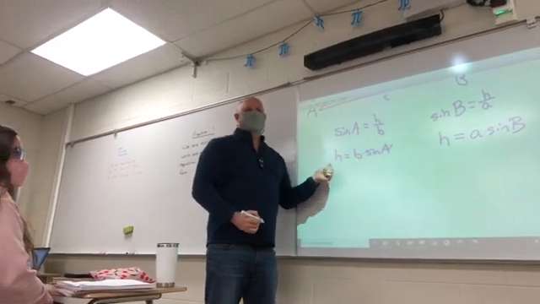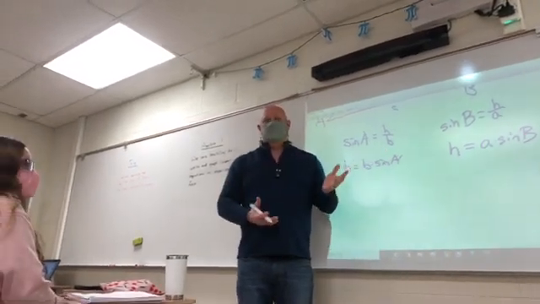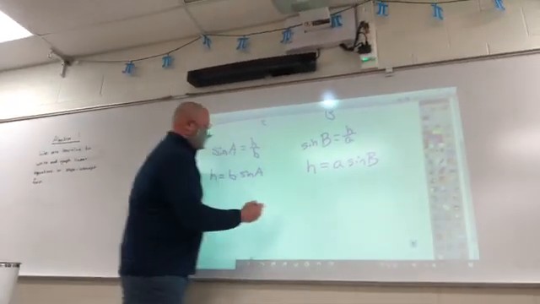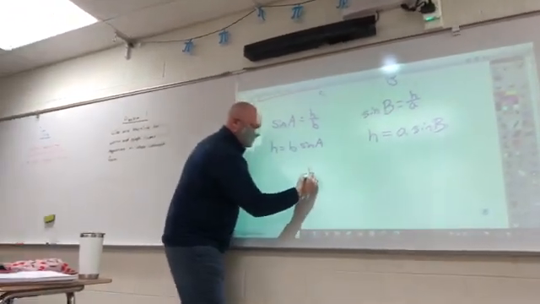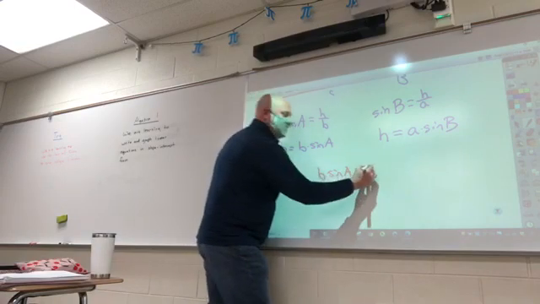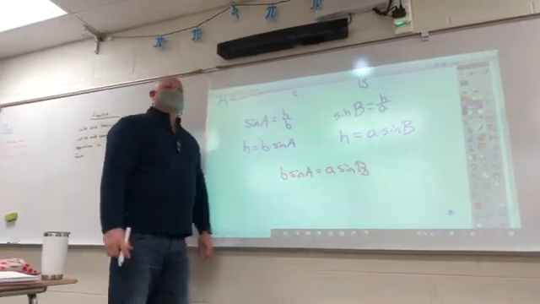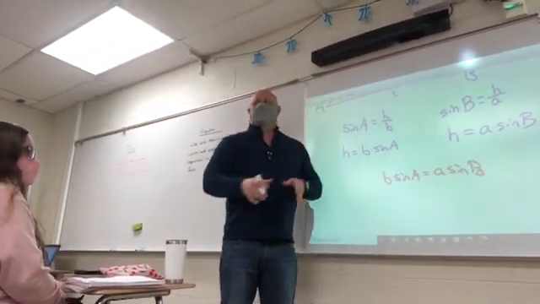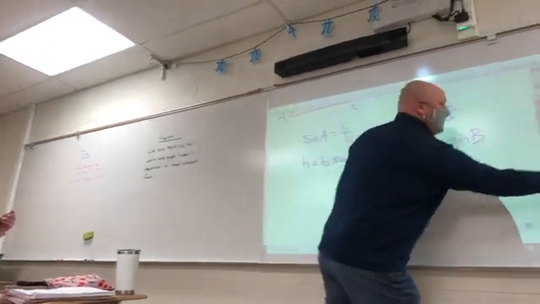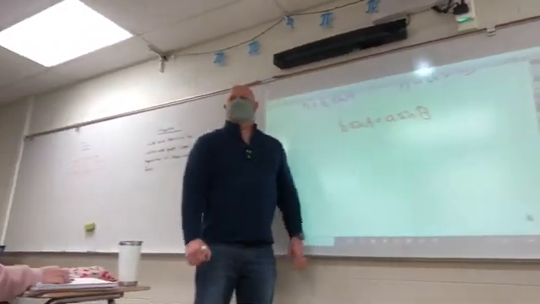Well, if this equals H, and this also equals H, what has to be true? They have to equal each other. So basically what I can do is say B times sine of A should equal A sine of B. Now, with just a little bit of simplification to clean this up, let's get all the A's on one side and B's on the other.